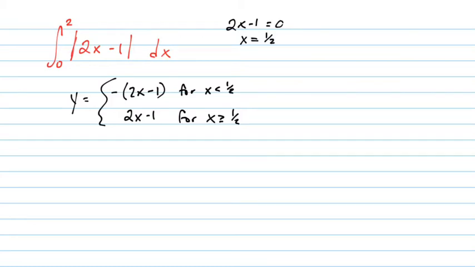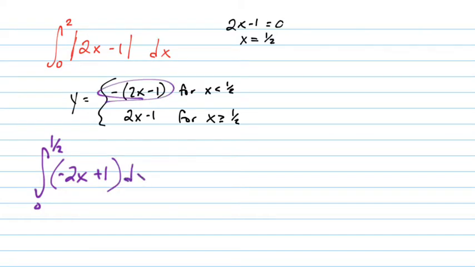So what we want to do is split this integral into two separate functions. I'm going to take the integral from 0 up to 1/2 of negative 2x plus 1. Okay, that's this right here. And then I'm going to add in the integral from 1/2 to 2 of 2x minus 1.